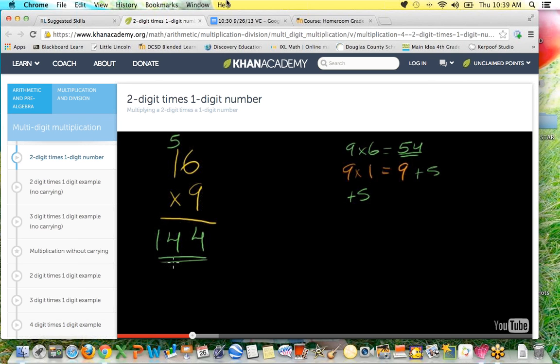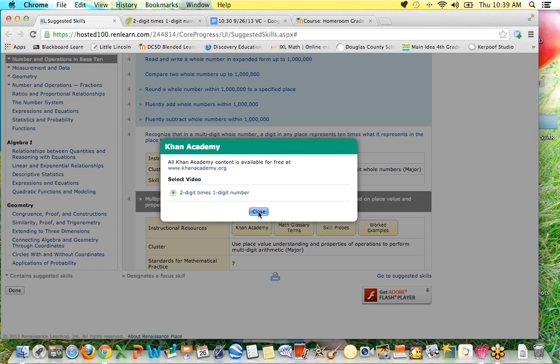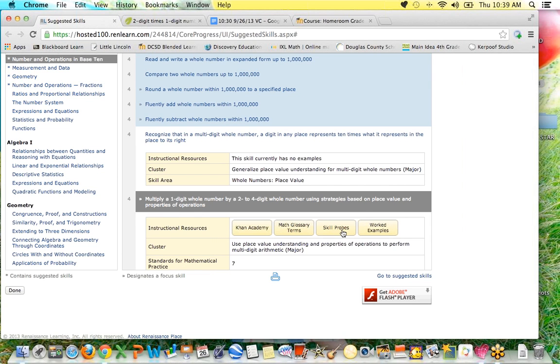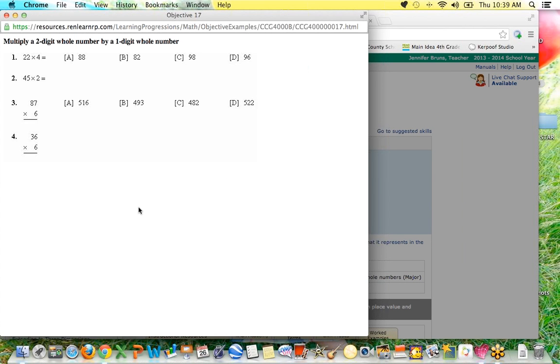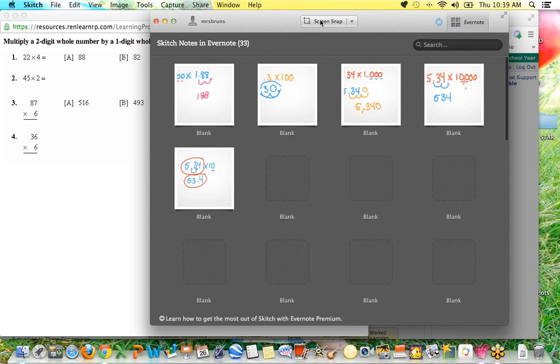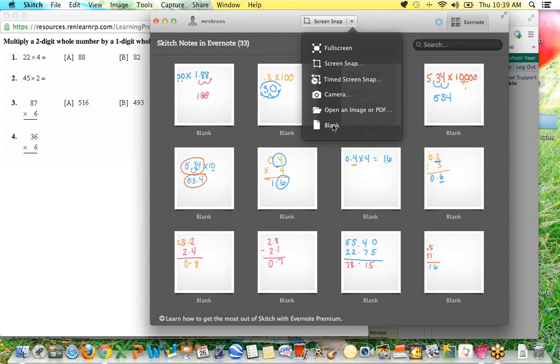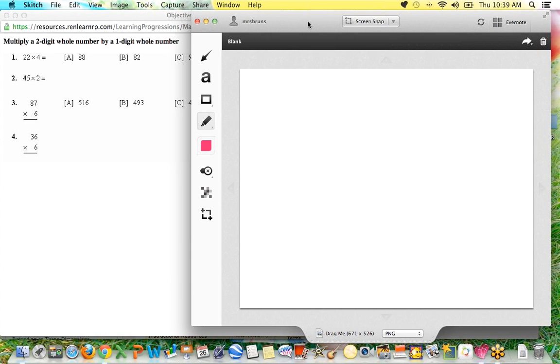Okay. So I paused it so that we can start off with a couple of easy practice problems like we just saw, and then we'll get a little bit harder. Here we go. Okay, so our first problem, some of you might do this really quickly, and that would be great too. And others might have to take a little bit more time, and that's all right. Our first one is 22 times 4.